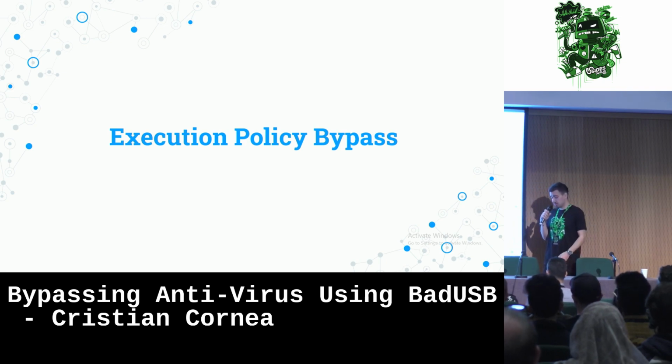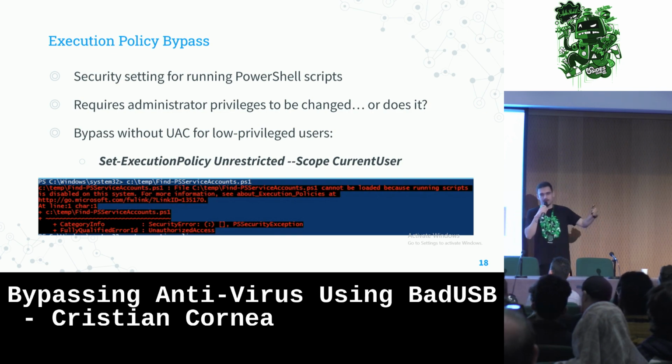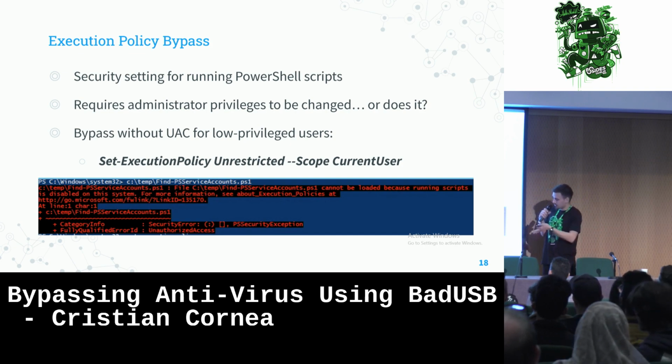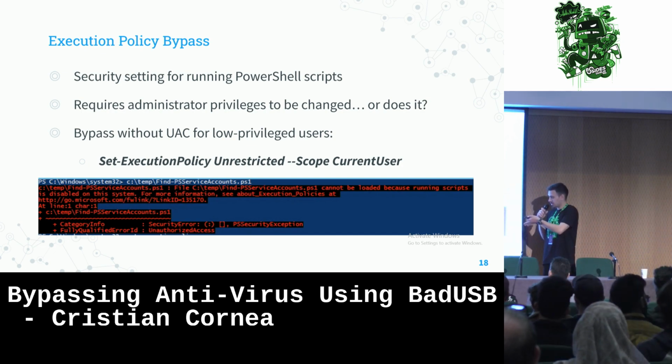Let's see execution policy bypass. I think many of you run into this error. This error tells you have no rights of running PowerShell. But do you have the rights?